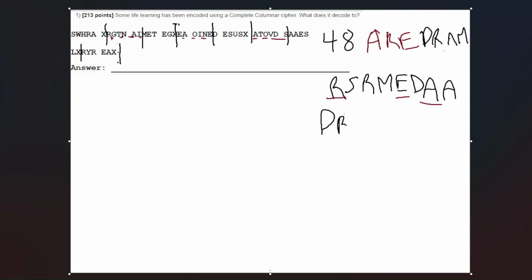You may be thinking that since D ends with the X in its segment, it should be going at the end. But like I said in the video before this, just because it has an X at the end does not mean it is at the end. It doesn't mean that it is a filler letter. It could be just a part of another word that we don't know yet.